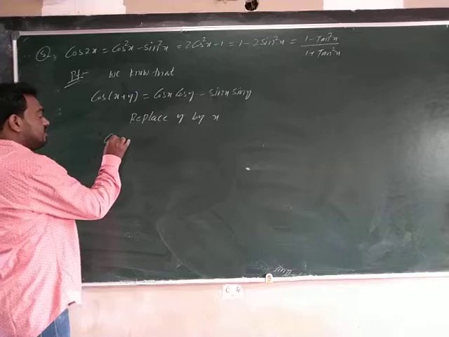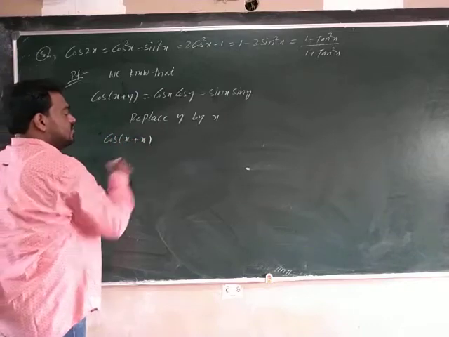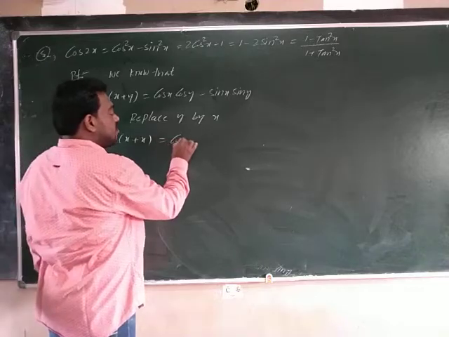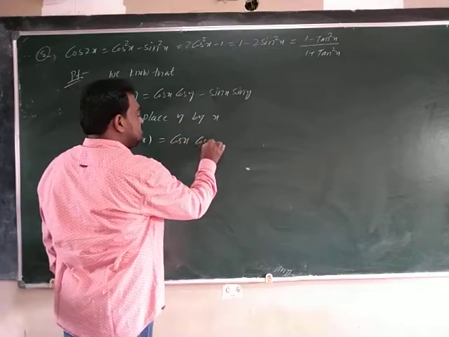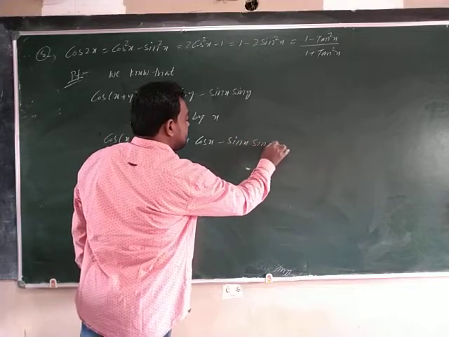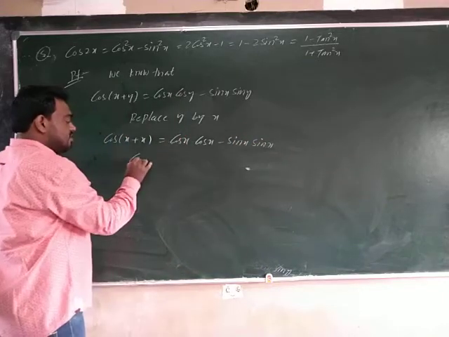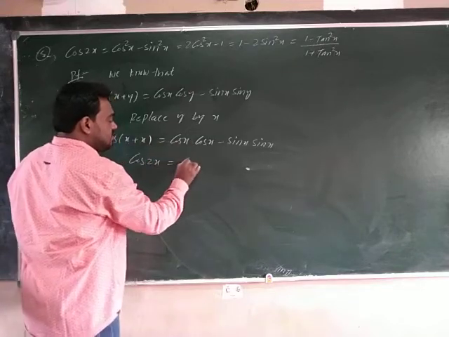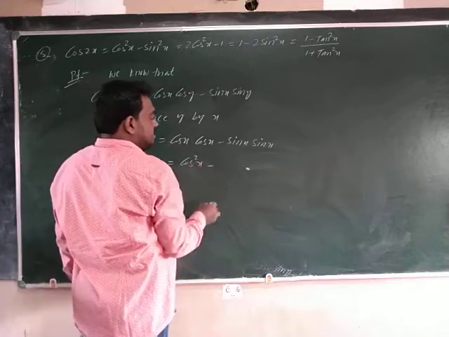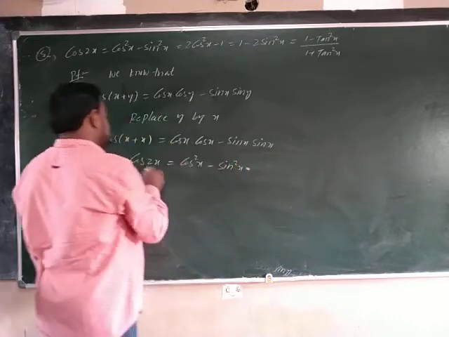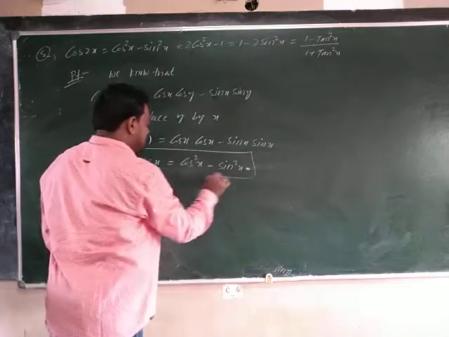Now what we are getting is cos of (x plus x), with y replaced by x. So cos x into cos x minus sin x into sin x. Now cos of (x plus x), that is 2x, is equal to cos x into cos x, cos square x, minus sin x into sin x, sin square x. So this is the proof of the first one.